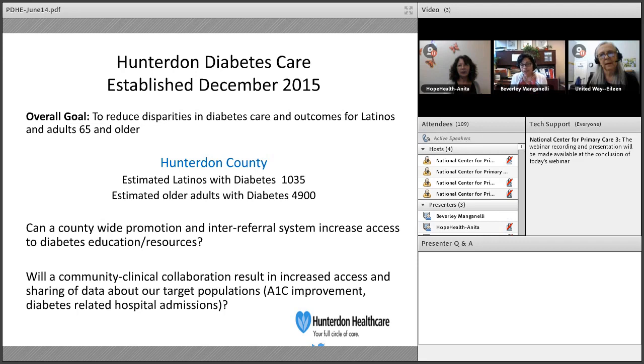These patients also have access to many other excellent community diabetes resources in our county, and they include Rutgers Cooperative Extension, Department of Family and Community Health Sciences that offers diabetes support groups, and also some community diabetes programs. We have the Hunterdon County YMCA who was doing a DPP program.